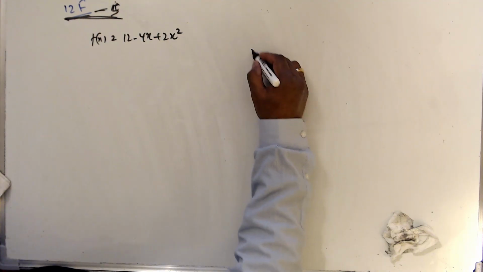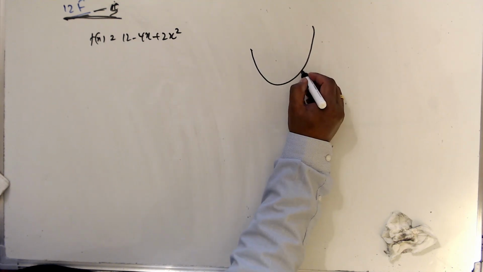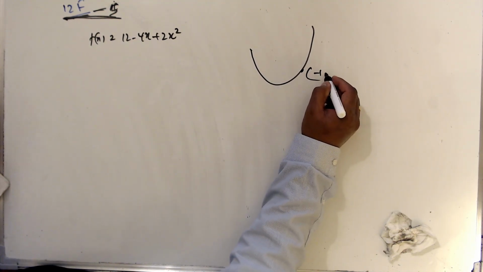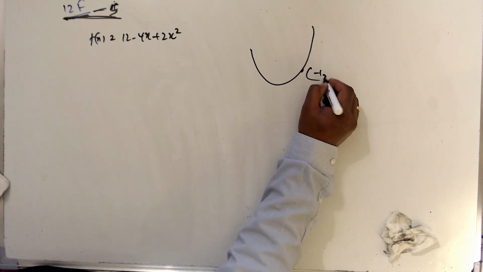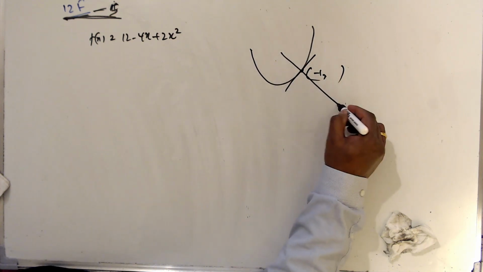Question 5, we need to find the tangent at x equal minus 1. We want to find the tangent and the normal.